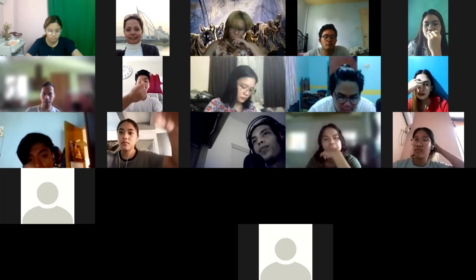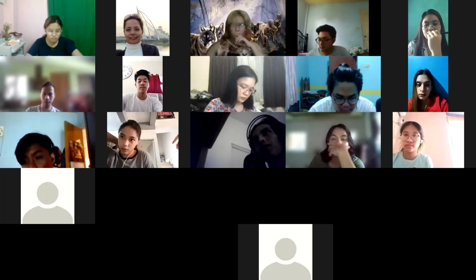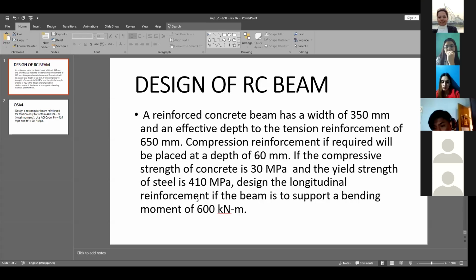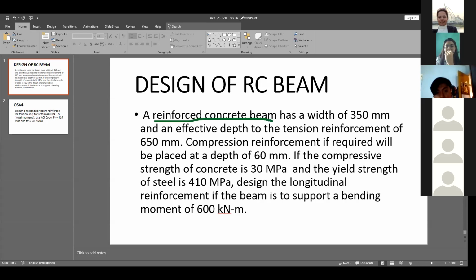we are going to discuss one more problem here. Design for RC beams. Design for reinforced concrete beam. So, according to this sample problem, we have a reinforced concrete beam and it has a width of 350 mm.